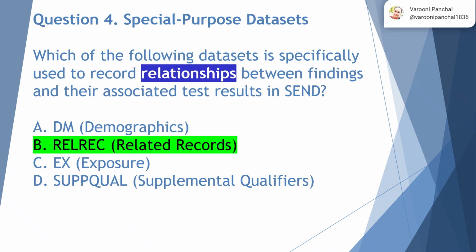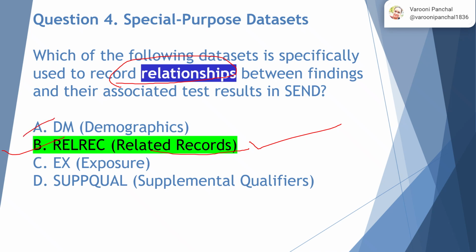Question 4. Specific purpose datasets. Which of the following datasets is specifically used to record relationships between findings and their associated test results in SEND? The correct answer is related records, even without looking at the options, because you are dealing with recording relationships. RELREC is used for checking the relationships between records.